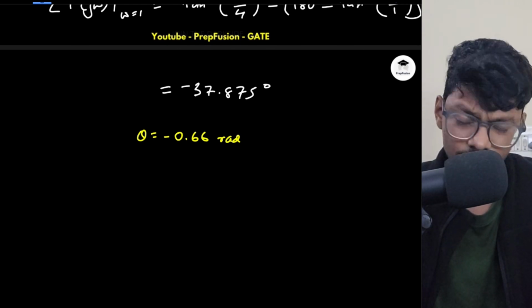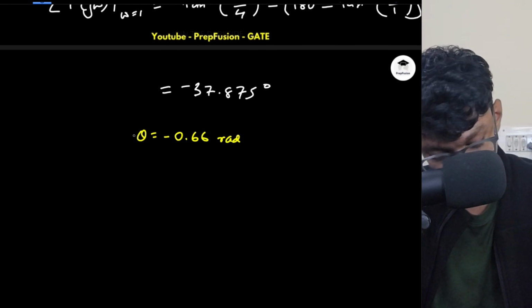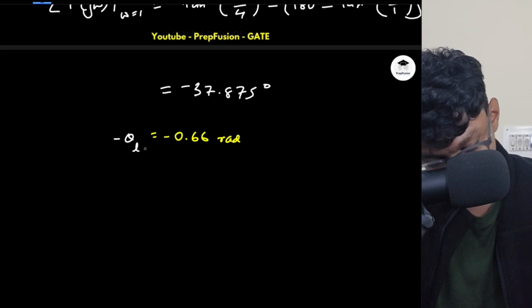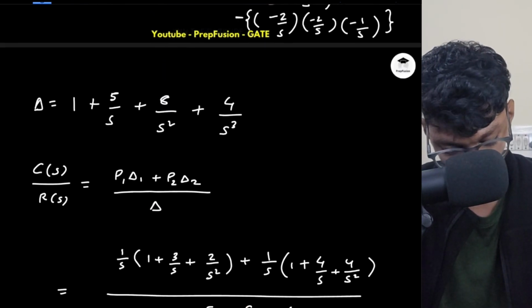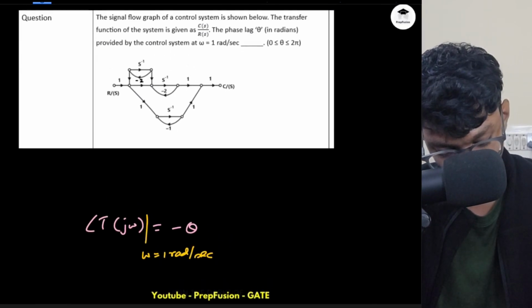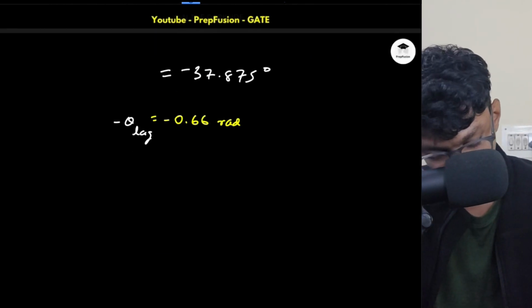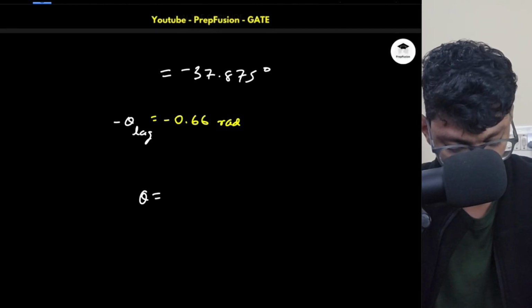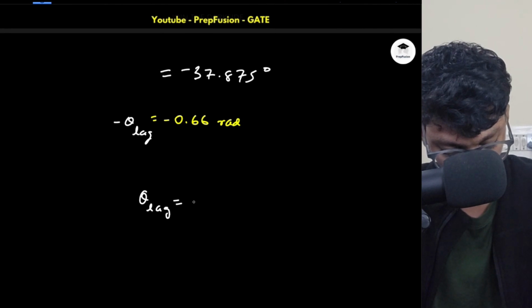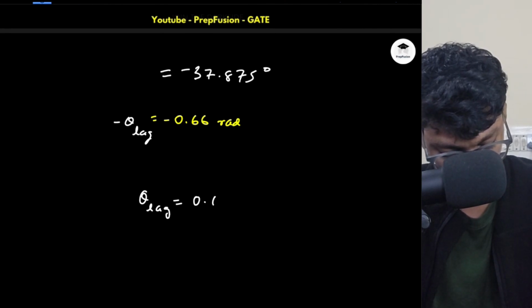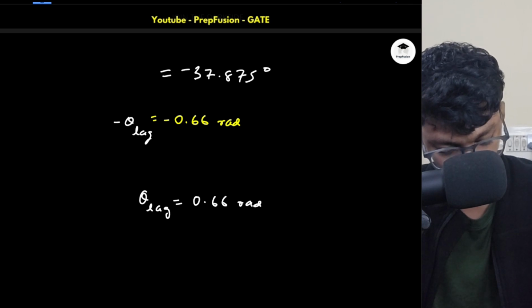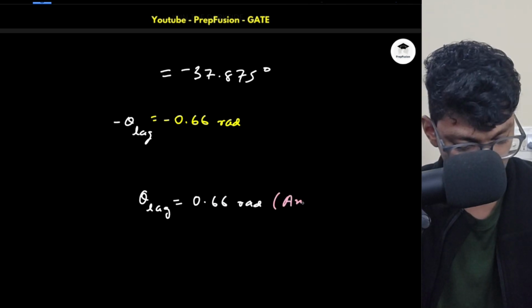So I have to compare this with minus theta lag. This was what I was supposed to find, because initially I have written that my angle is minus theta. So theta, that is the phase lag, will be equal to plus 0.66 radians. This will be the answer of this question.